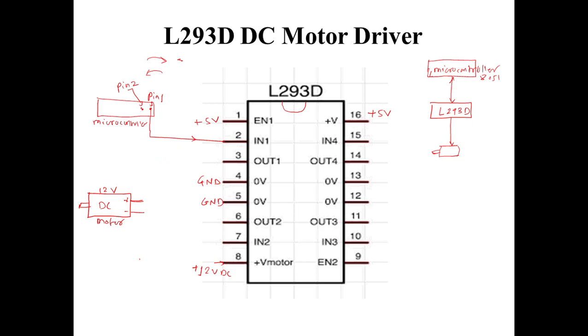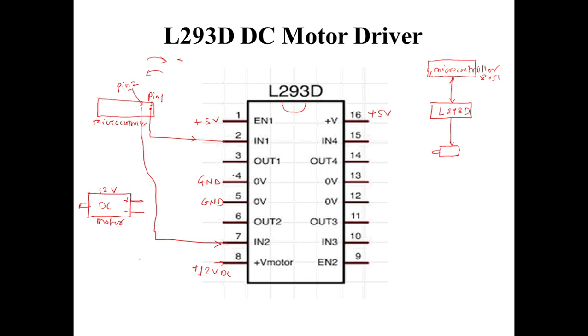Pin number 2 will be connected over here to pin number 7 of L293D. So that is the second input. This is the first input. Fine. So whatever outcome has come from the microcontroller, I have given to the two inputs of the L293D.